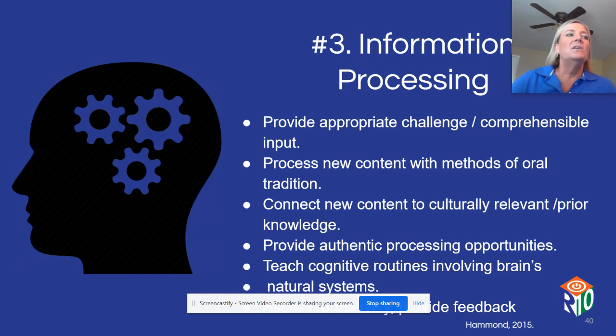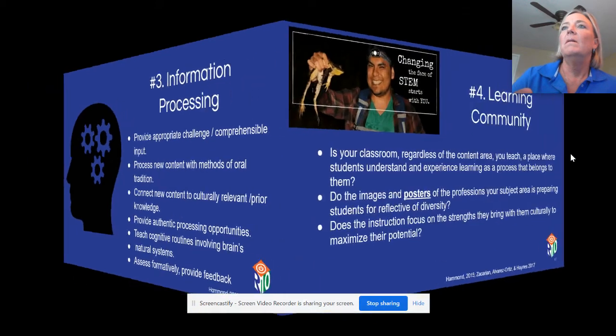We must be able to connect new content to culturally relevant and prior knowledge, provide authentic processing opportunities, teach cognitive routines involving the brain's natural systems, and assess formatively with feedback. Feedback is very important so that adjustments can be made.